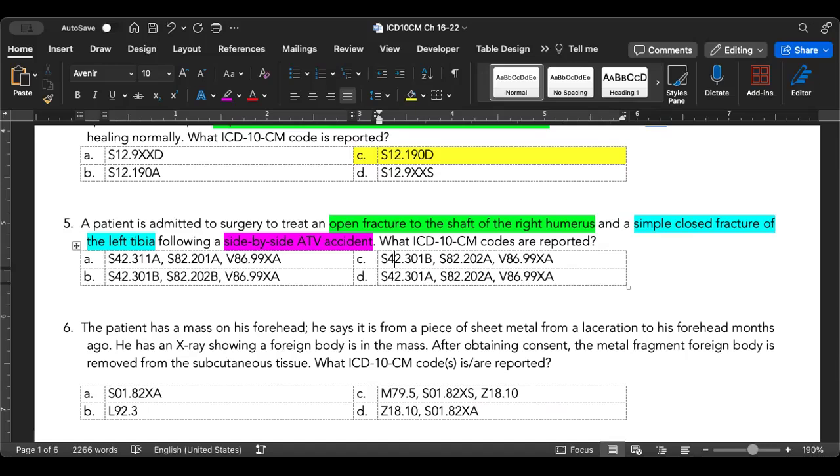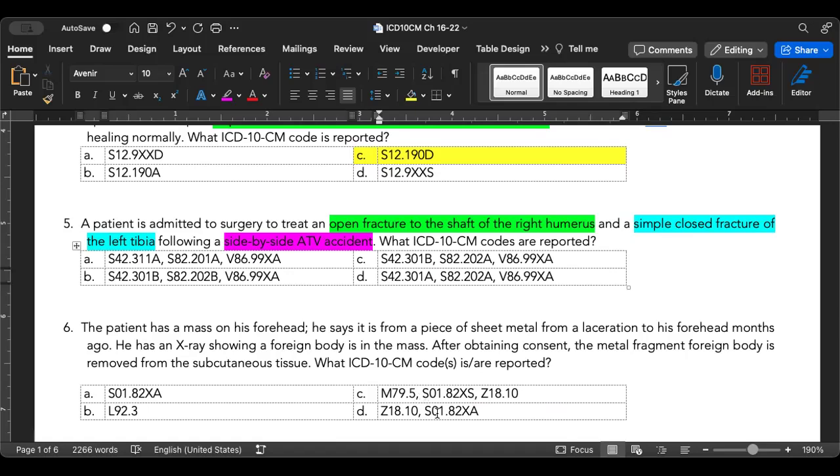We go fracture, humerus, shaft. Does anybody see it? Fracture underneath traumatic. Humerus is our location. And then shaft.